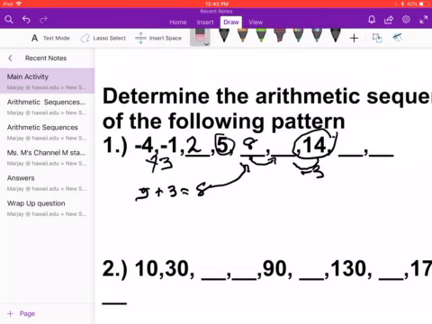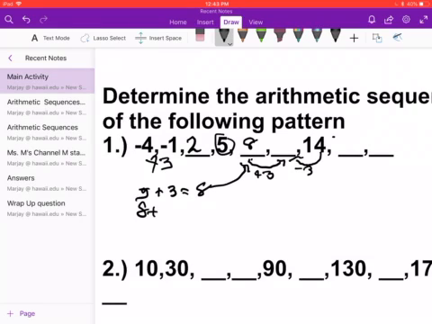Let's check if that's correct. Oh, sorry. If you get from 8 to the next number, you add 3, and if you get from 14 to the previous number, you subtract 3. Let's keep adding the common difference.